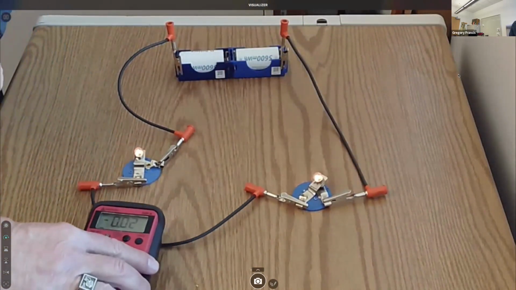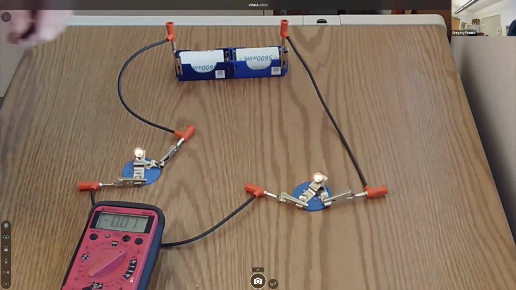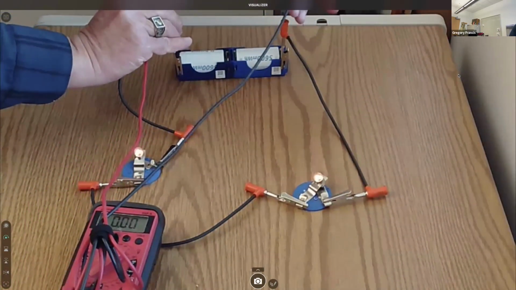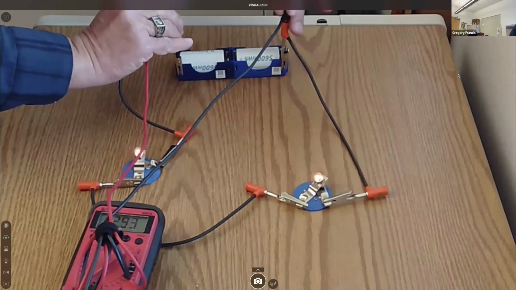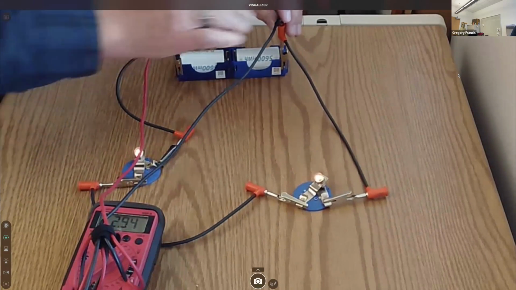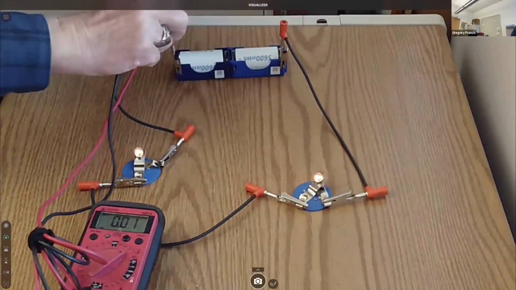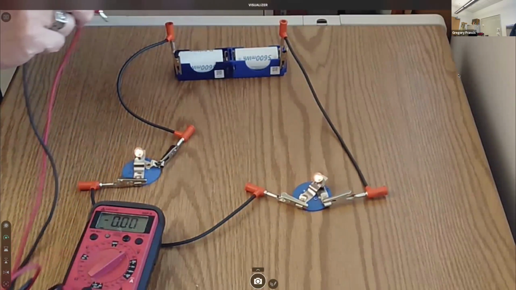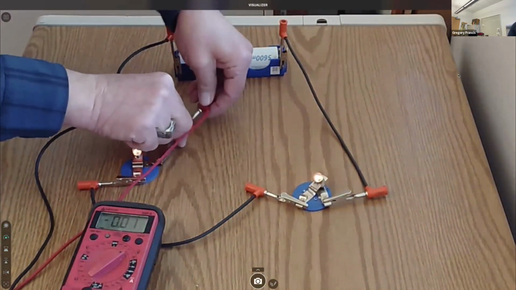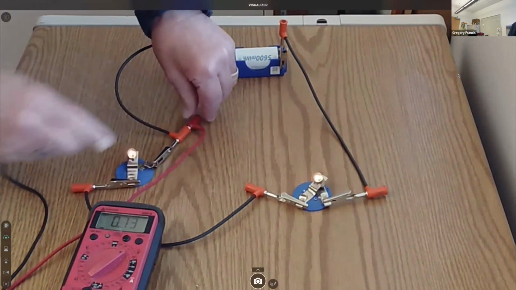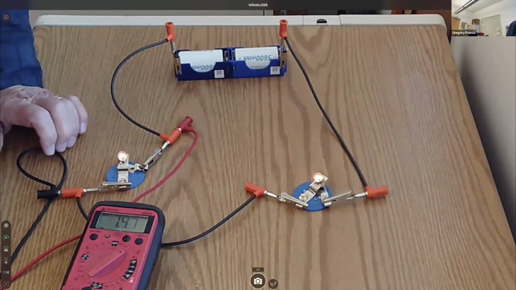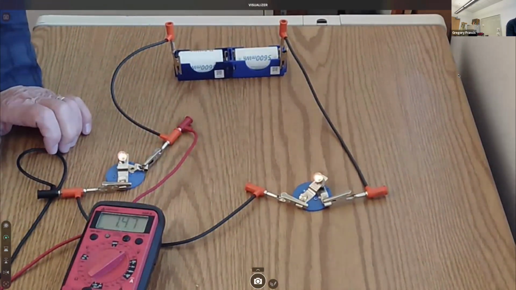And if I bring my voltmeter up here and take the voltage reading across the battery pack, I get 2.93, which is similar to what we had before. If I measure the voltage across one bulb, I get 1.47.